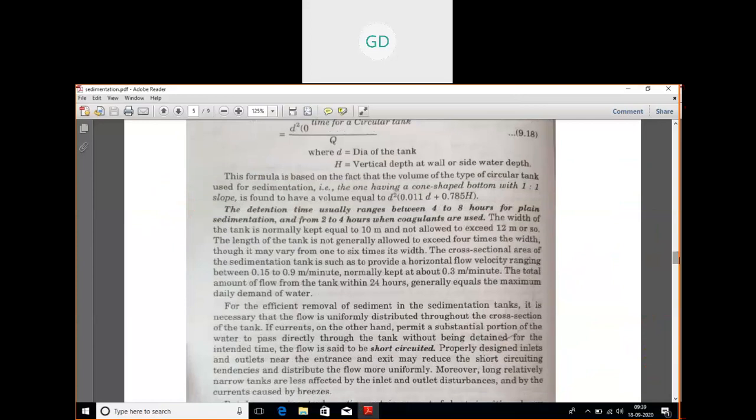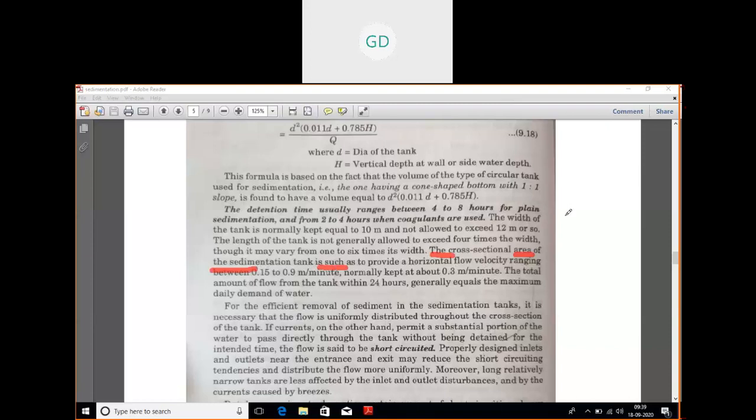And one more line is there, you see here. The cross-sectional area of the sedimentation tank is such as to provide a horizontal flow velocity.